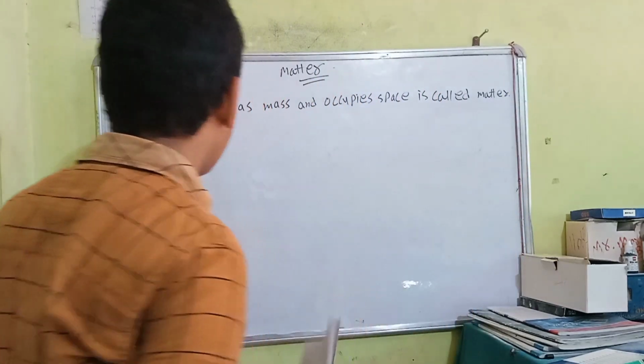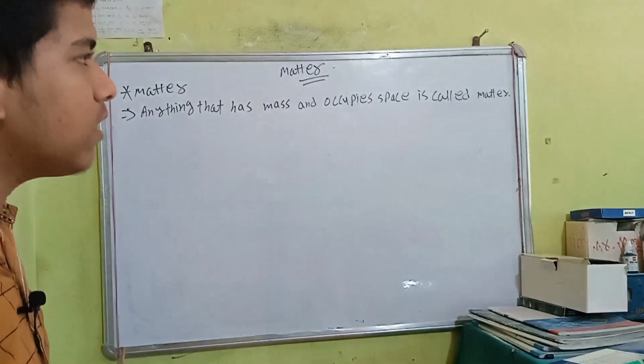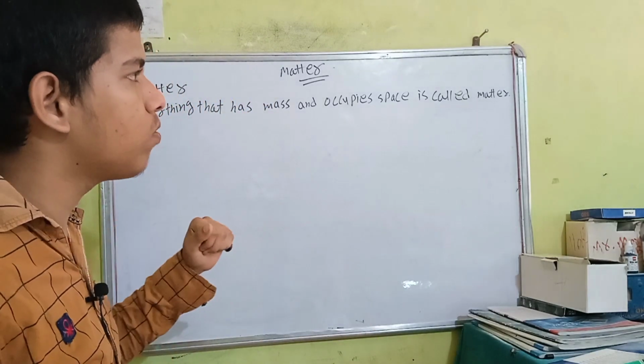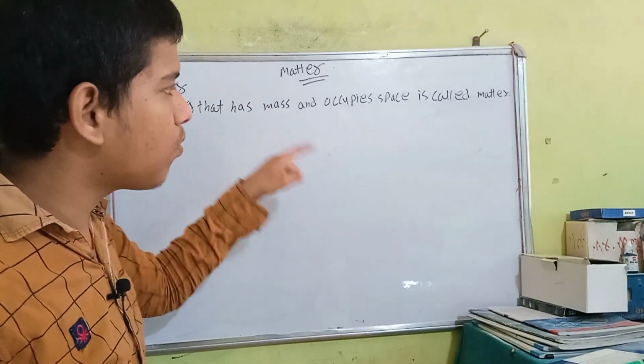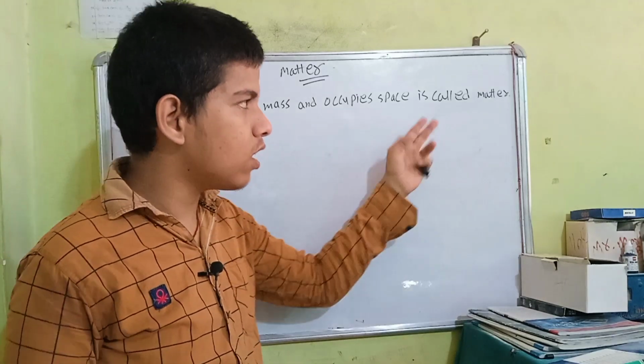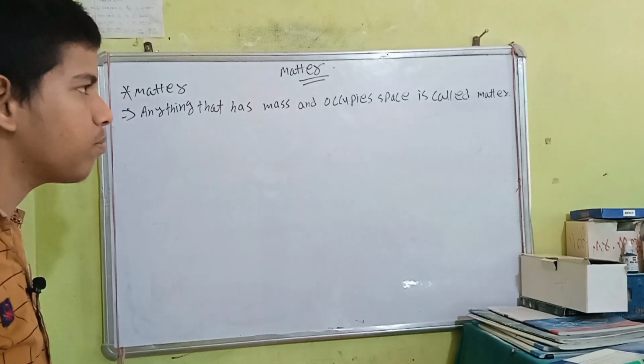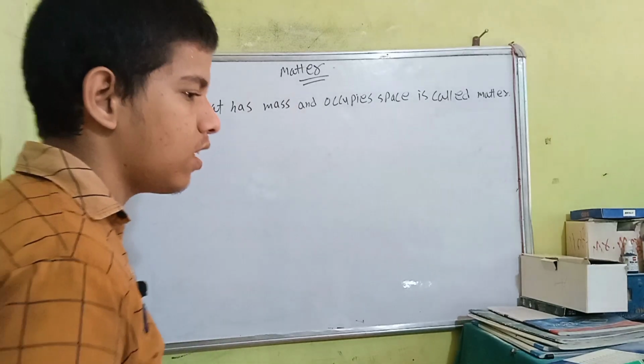So this is the definition of matter. You can also add volume over here. Anything that has mass and volume and occupies space is called matter.